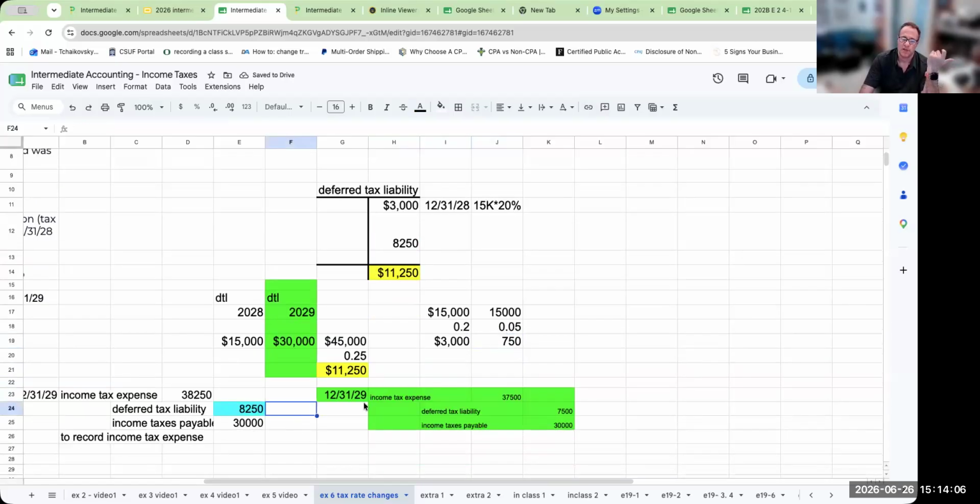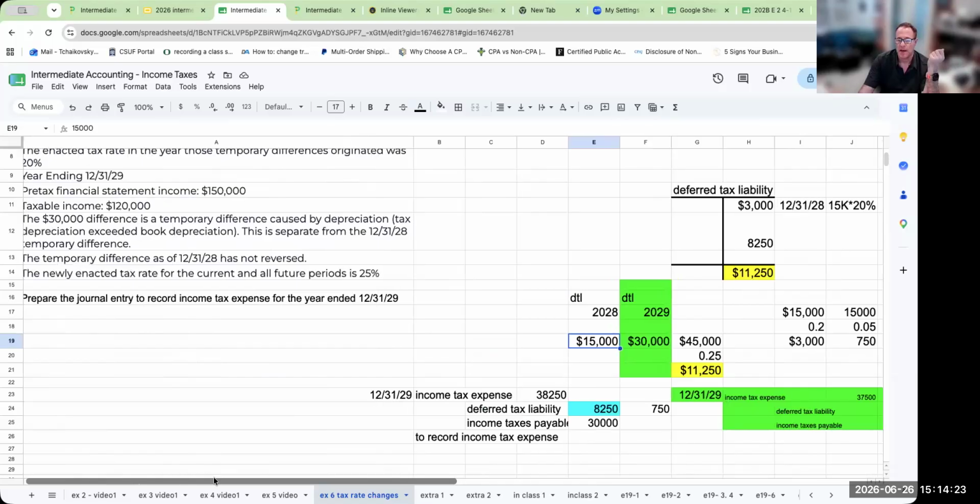And if you look at the difference between what I'm recording now and the 7,500, it's really this extra 750 that relates to the prior deferred tax liability. So I have to increase it because my tax rate has gone up. I'm going to put this into my current income tax expense. So that's how we would approach this problem for rate changes.